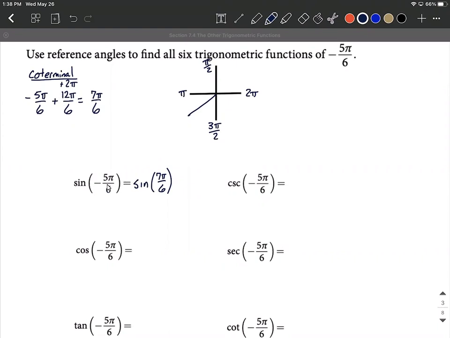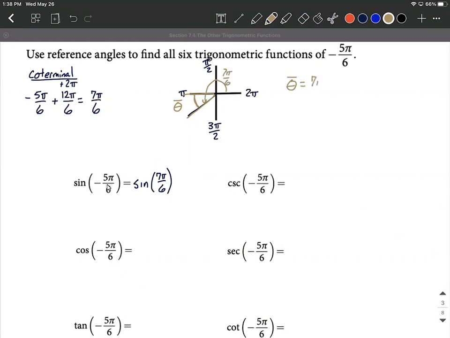Next, let's draw in our reference angle. So we're in the third quadrant. We always have to draw our reference angle to the x-axis. So it would fit right in this portion of our graph. I'm going to label that as theta bar for our reference angle. To get that angle, theta bar is going to be the further side here, wrapping all the way around here to 7 pi over 6.